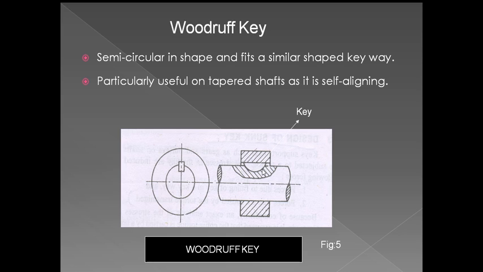A Woodruff key is capable of tilting in a recess milled out in the shaft by a cutter having the same curvature as the disc from which the key is made. The key is largely used in machine tools and automobile construction.